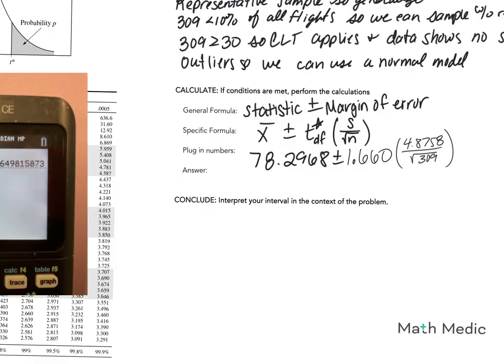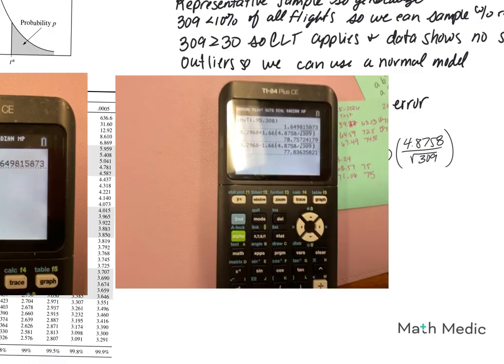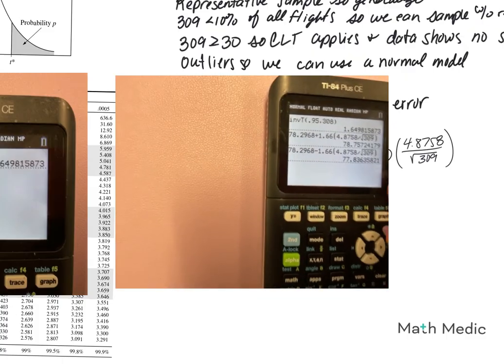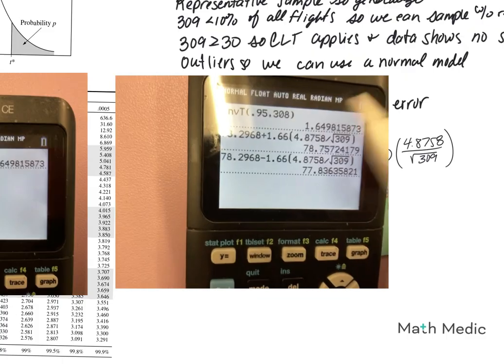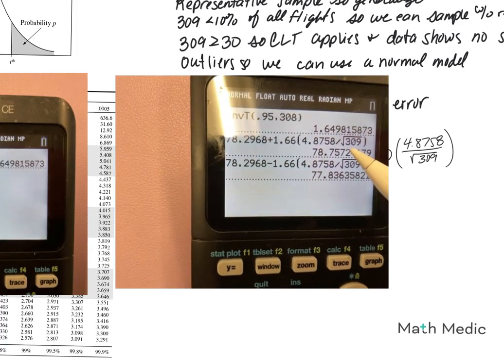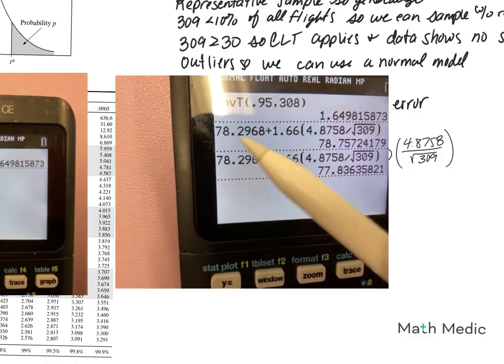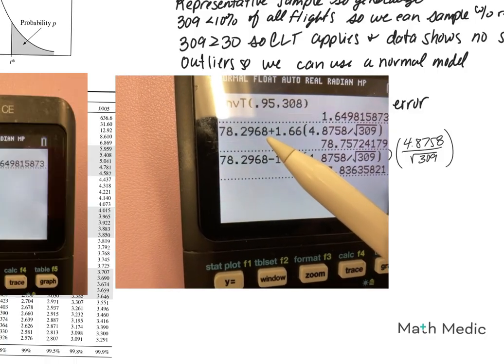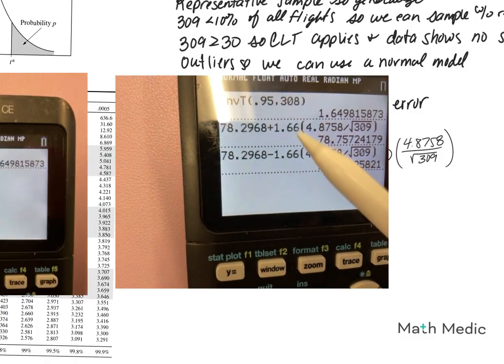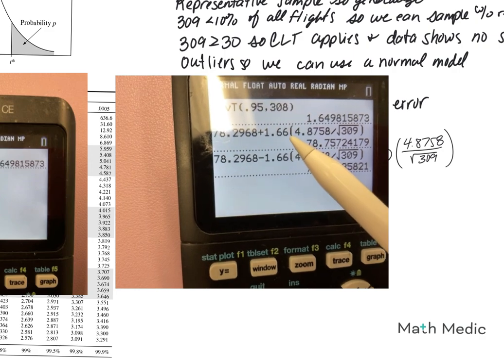Okay, so again, let me show you with my calculator. We're going to show a video of the calculator. I'm going to remember to hit record on this. Okay, so I had just put it all in and wasn't recording. So I'll just show you the way it was put in. I just put in the mean plus the t star in parentheses, or you can just hit times. It doesn't need parentheses.